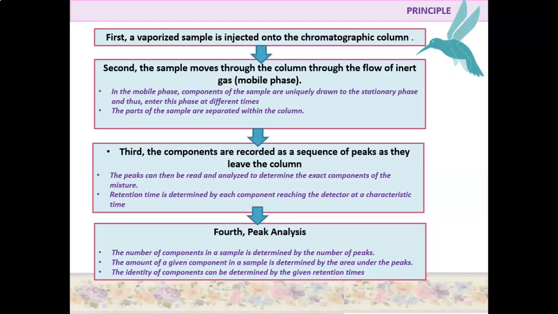We can measure the peaks on the chromatogram, and the area below the peak is the quantity or amount of the compound that appeared, and we can measure the retention time of each component on the chromatogram. And fourth, we can analyze the peaks: the number of components in a sample is determined by the number of peaks. The amount of a given component in a sample is determined by the area under the peak, and the identity of the component can be determined by the given retention time.